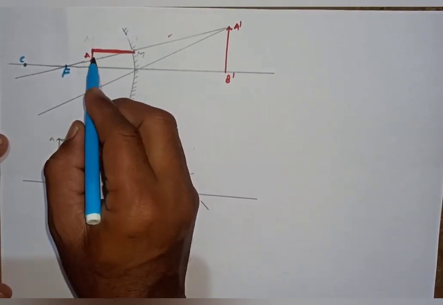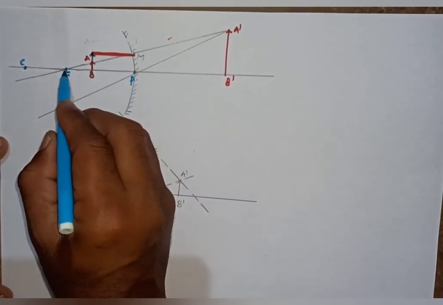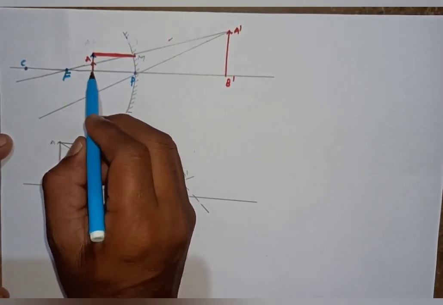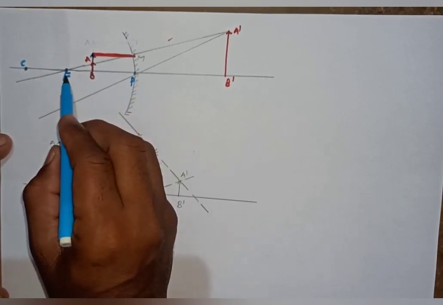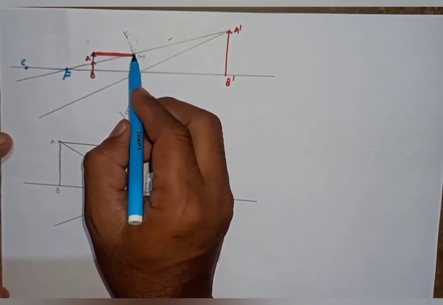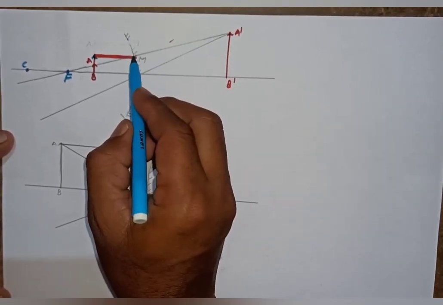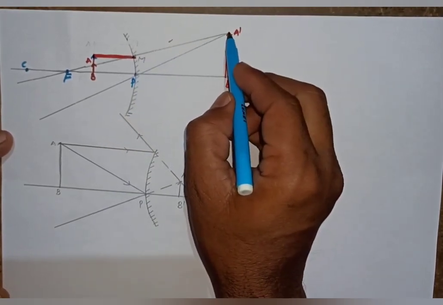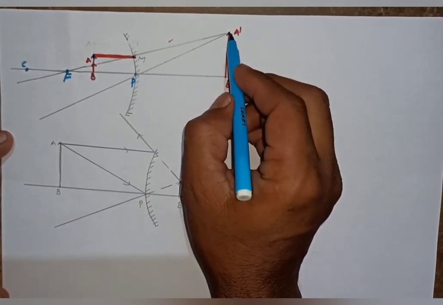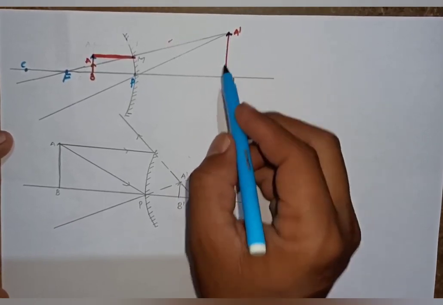When the object AB is taken between pole and principal focus, the reflected ray moves and a virtual image is formed, larger, and erect.